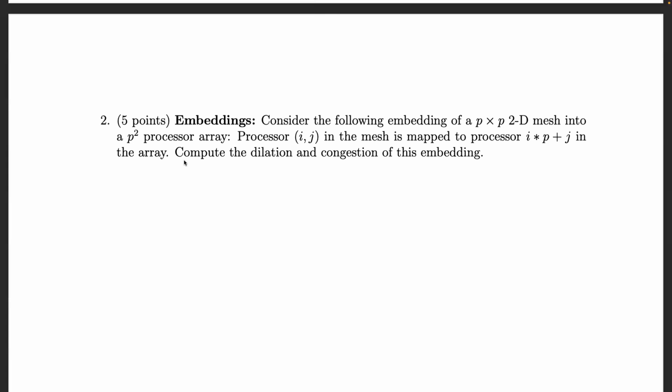So how long would it take you to go from, so the left and the right neighbors are the same, but the column neighbors become challenging. Yes, so I think the dilation is P because normally for columns in the mesh you have to go 1, but in the array you have to go P.